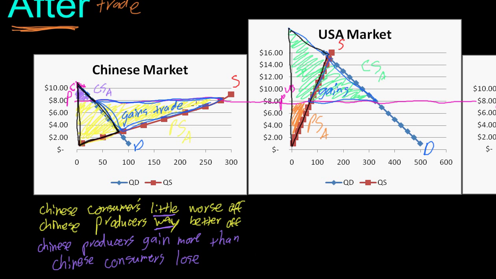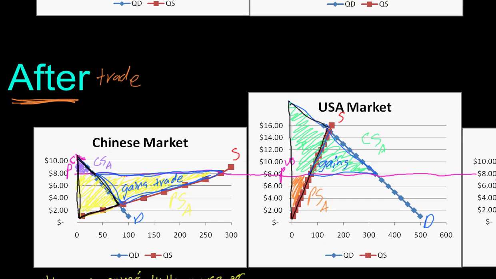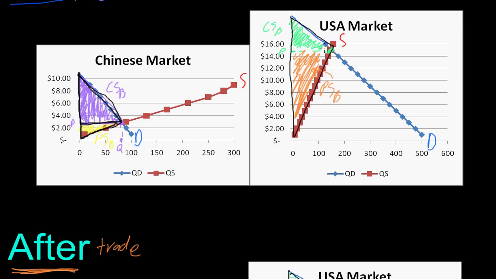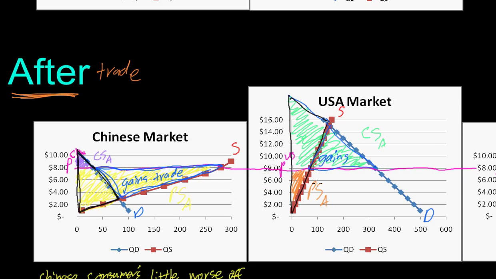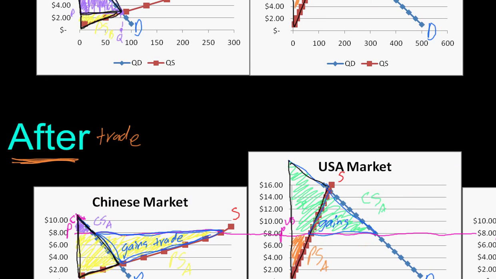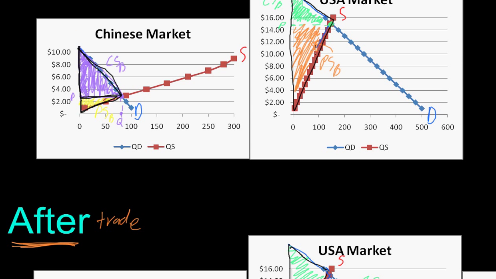And just the opposite happens in the US. In the US, before the price was $15 per toy. So the US producer now is losing surplus because the price went from $15 to $8. So you can see that the orange triangle here is now smaller.